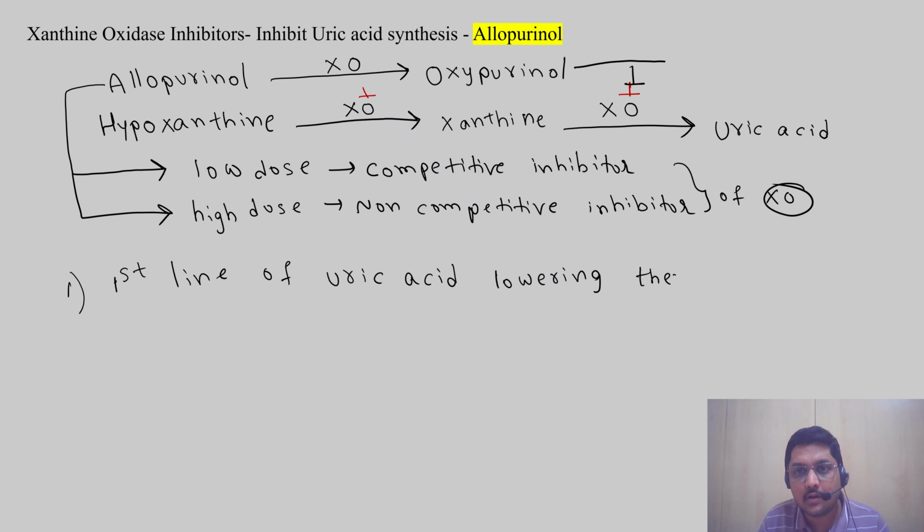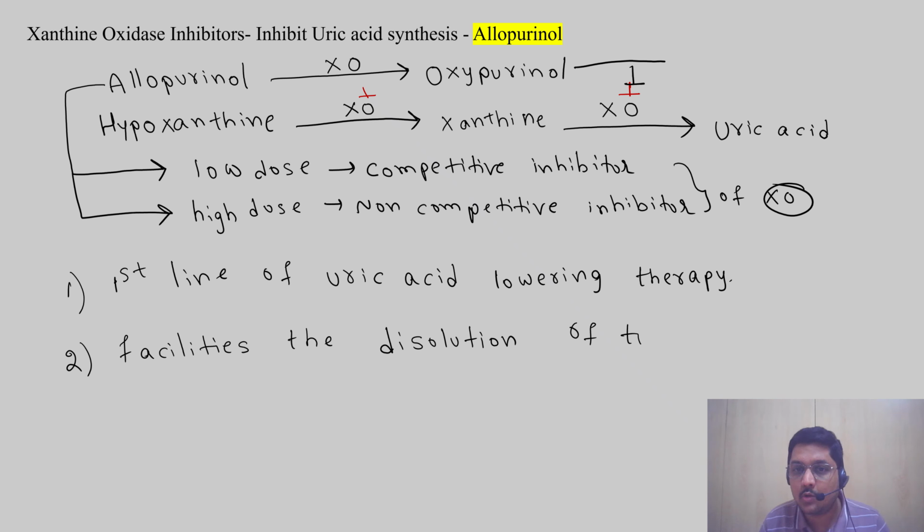Among them, allopurinol is the first agent of choice. Next point is, I told you in chronic gout we can see structures called tophi, right? To dissolve these tophi, allopurinol helps, facilitating dissolution of tophi.